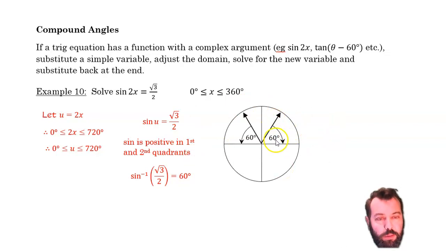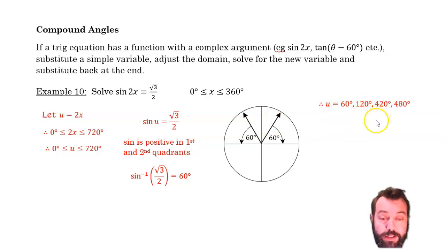So my related acute angle is 60 in the first and second quadrants. Looks like this, produces these rays. And those rays can represent 60 degrees and 120 degrees, but they could also represent 360 plus 60. So 60, 120, 420, and 480. That's all my solutions from 0 to 720.